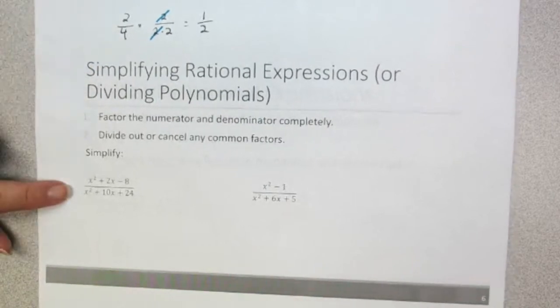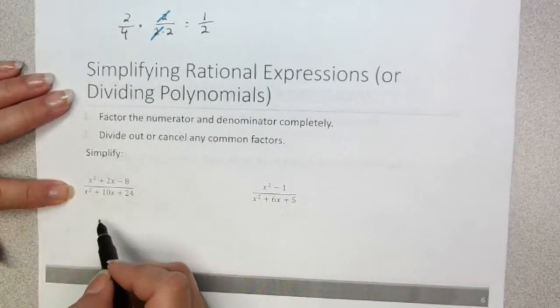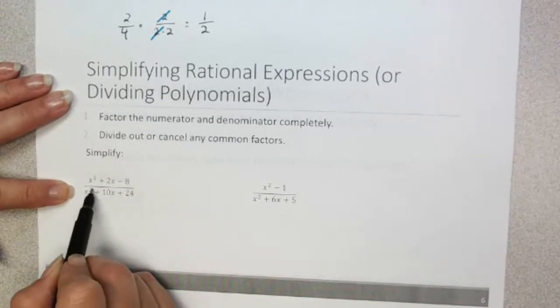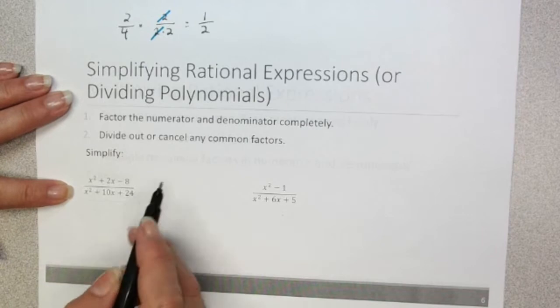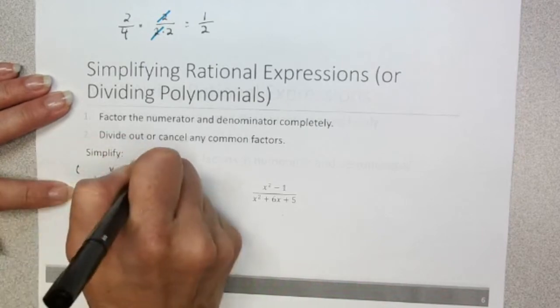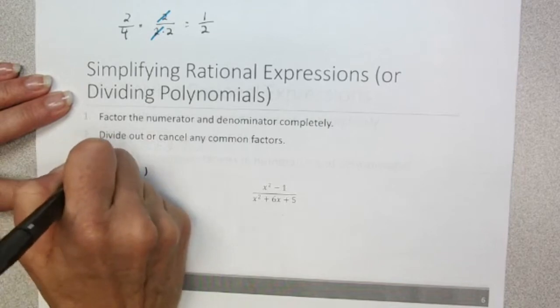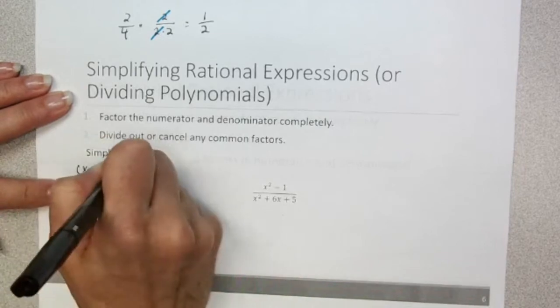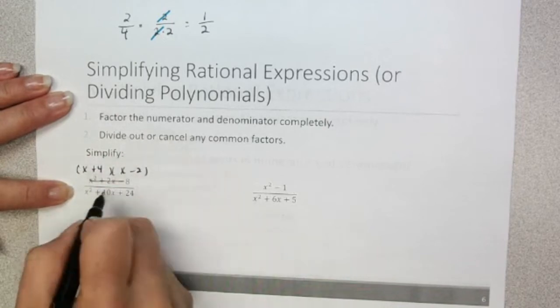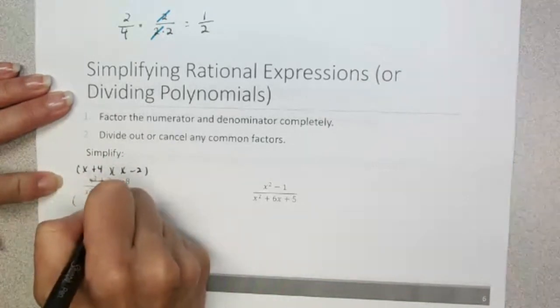All right, so if we look at the first example over here, x squared plus 2x minus 8 over x squared plus 10x plus 24, that numerator will factor into x plus 4 times x minus 2. And that denominator, that's going to factor as well.